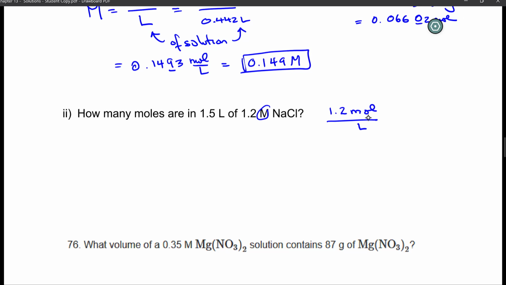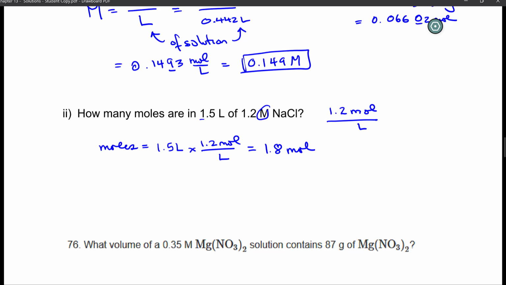That tells you how you have to use this in relationship to this. So if I want moles, I'm going to start with 1.5 liters, and then multiply it by 1.2 moles per liter, and that will give me 1.8 moles.